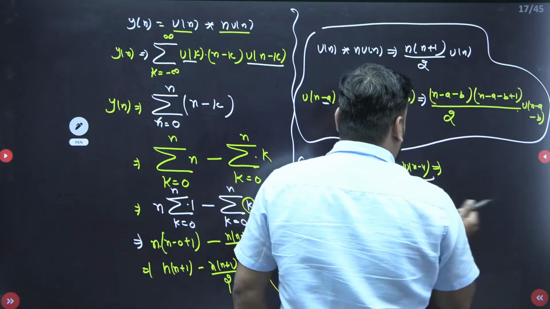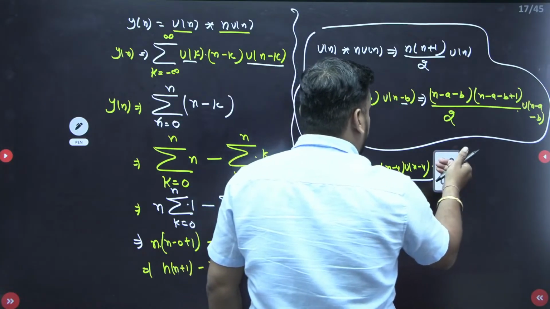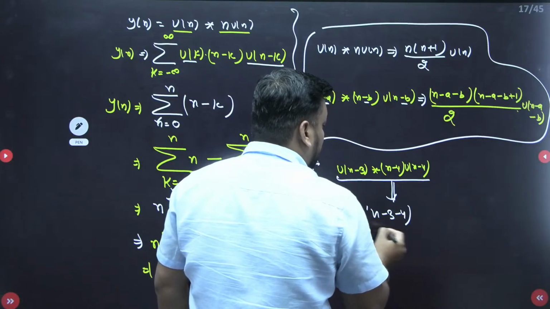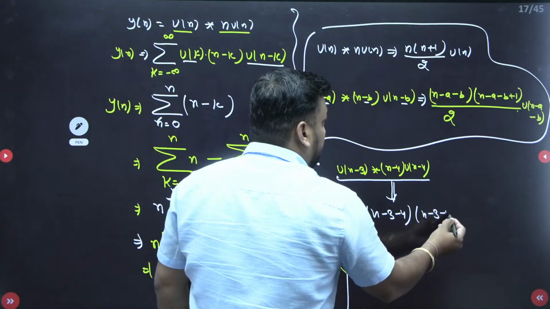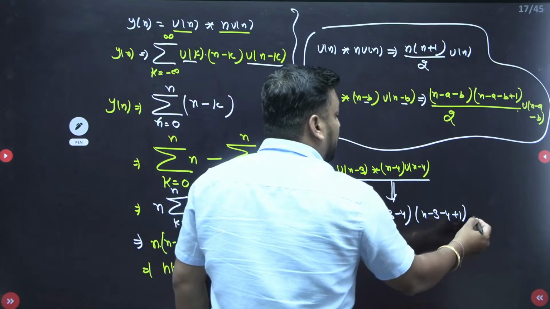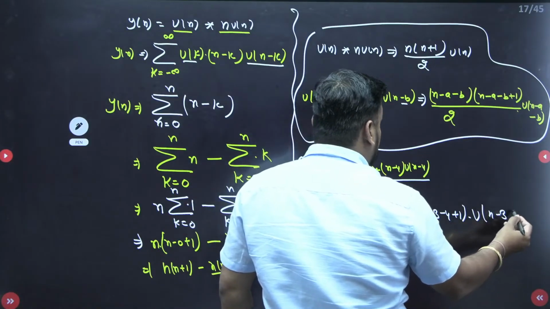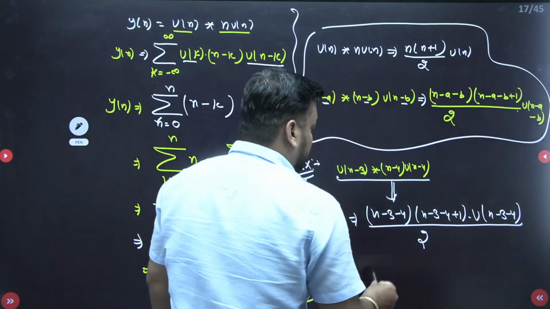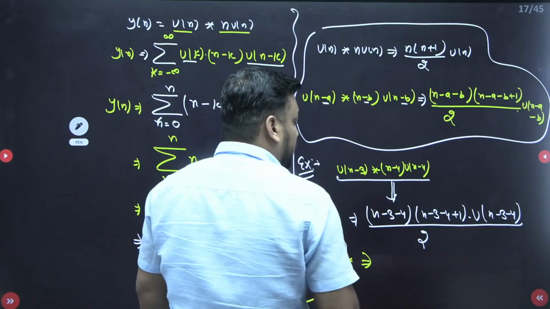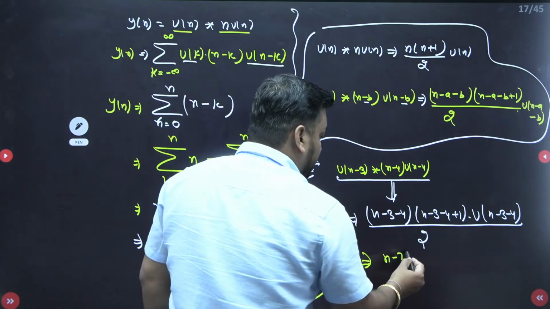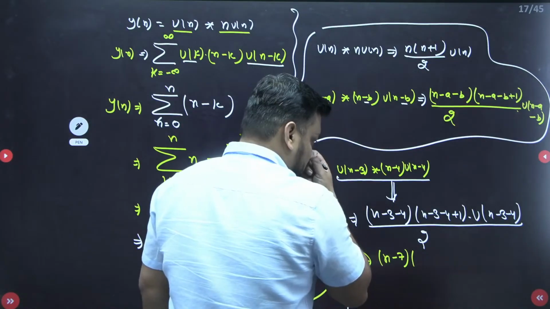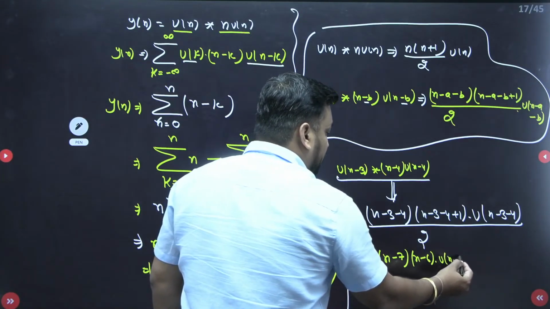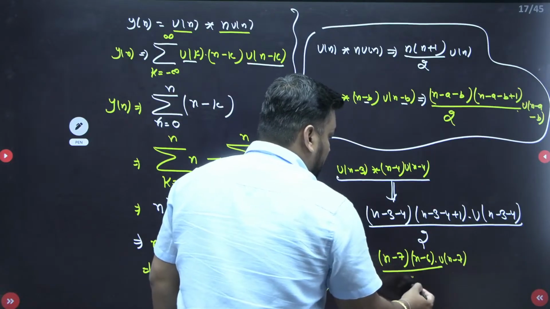So I am writing the actual result here: n minus 3 minus 4 plus 1 into u of n minus 3 minus 4, upon 2. So ultimately it will be n minus 6 into u of n minus 7 upon 2. This is your final answer.